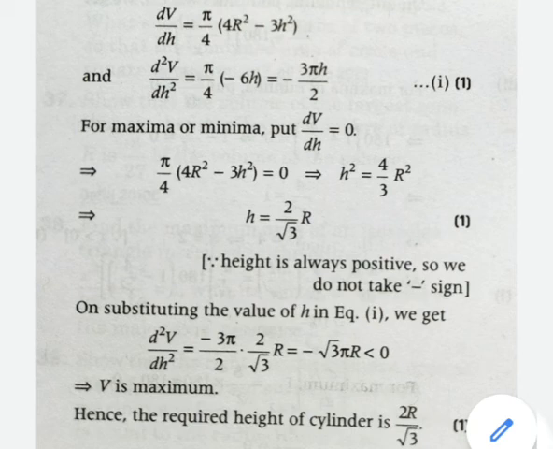So when we do that, we will have to check only for the sign. If we get a number which is less than 0, then we understand that the cylinder will have a maximum volume when h is equal to 2 upon root 3 times r. So it actually follows that way.